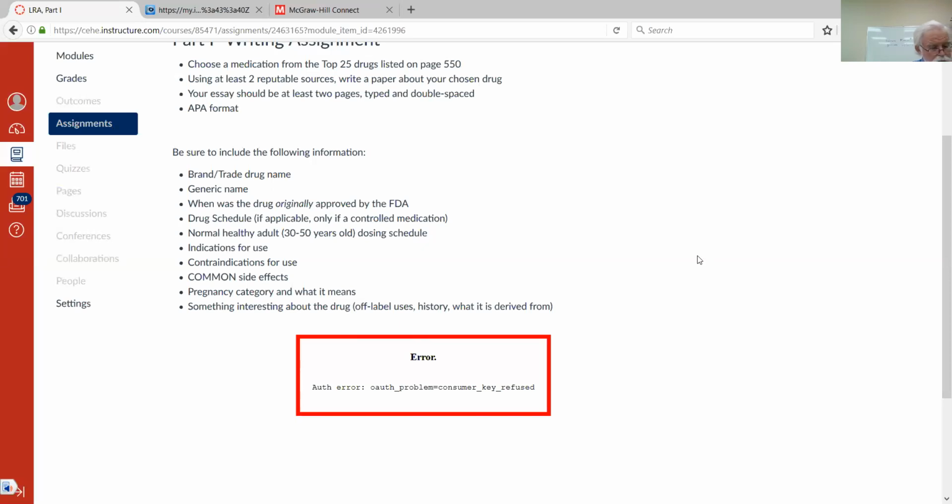And this list is actually kind of misleading because it's the top 200 brand name drugs. The actual top 200 drugs have an awful lot of generic products on it, non-brand products.